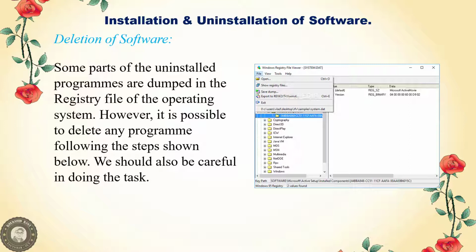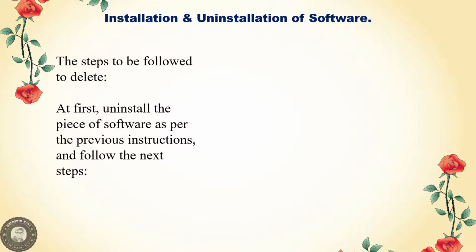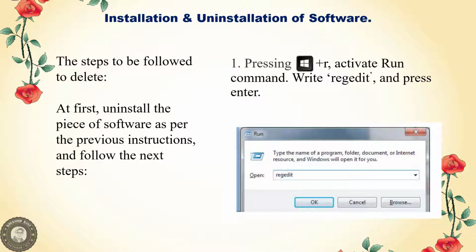We should also be careful in doing the task. The steps to be followed to delete. At first, uninstall the piece of software as per the previous instruction and follow the next steps. Pressing Windows and R button, activate Run command, write regedit and press Enter.